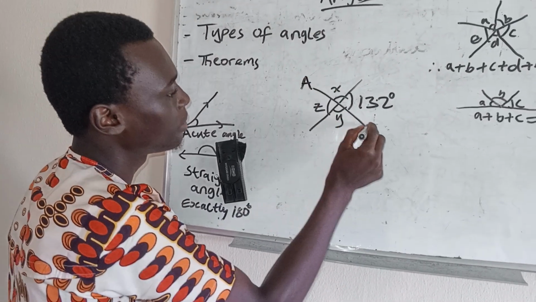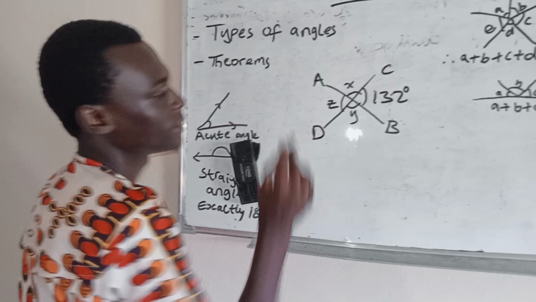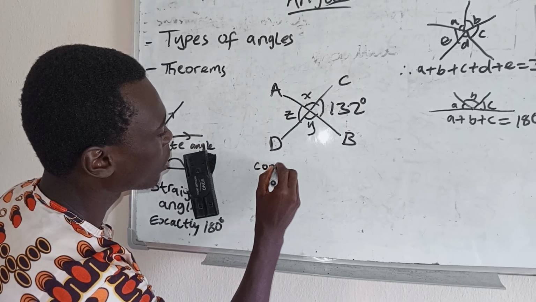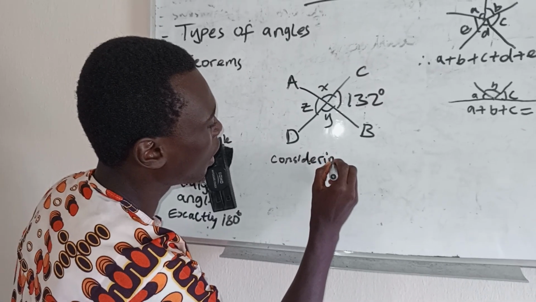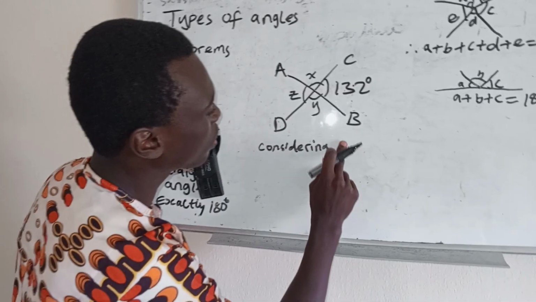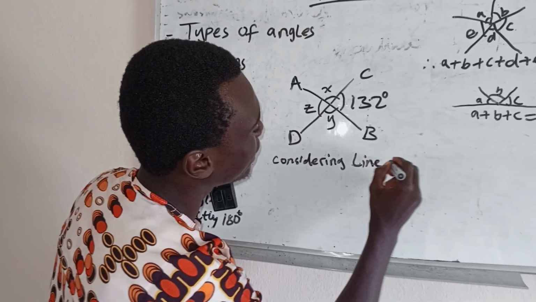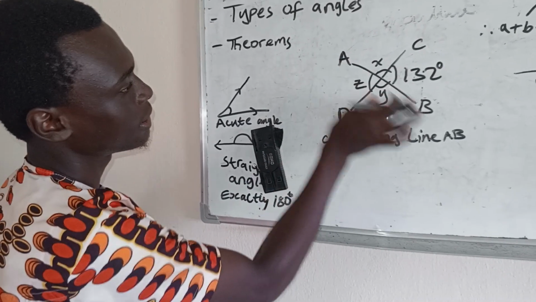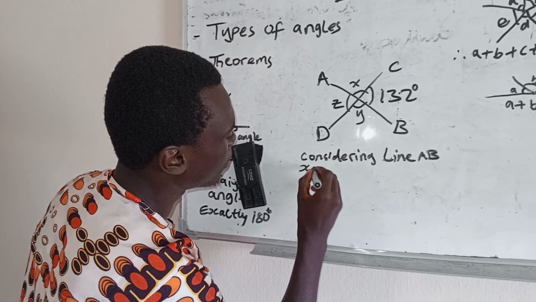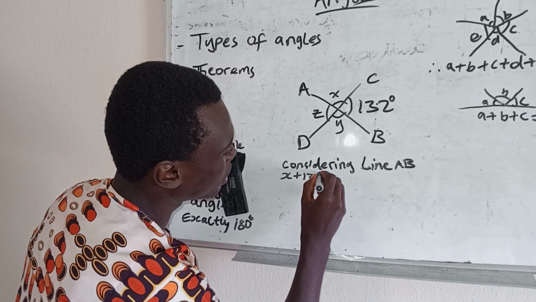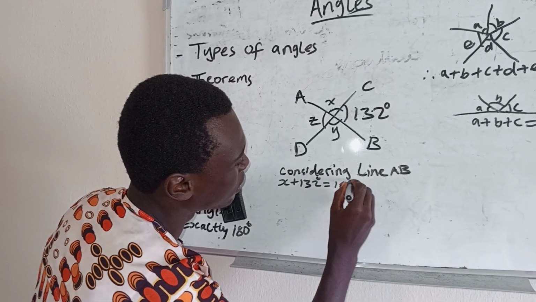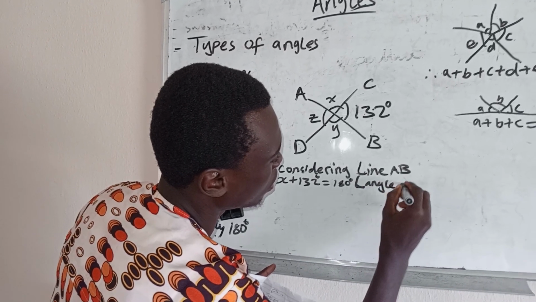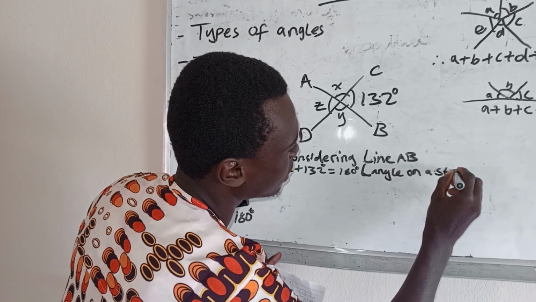Let me label here A, B, C, and D. So now, considering line AB, that is this line, we'll say X plus 132 degrees equals 180 degrees. Reason: angle on a straight line.